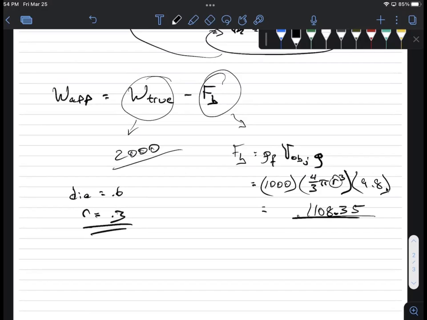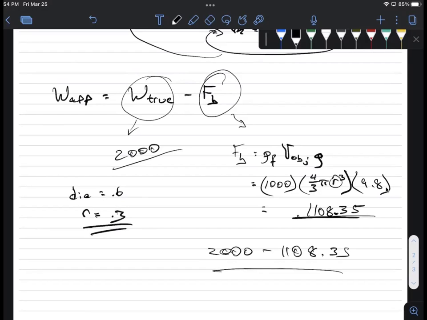And so if that's true, then it's 2,000 minus 1108. You should get a positive number from that. So if you're getting something else, make sure when you're plugging it in your calculator, do it one piece at a time.